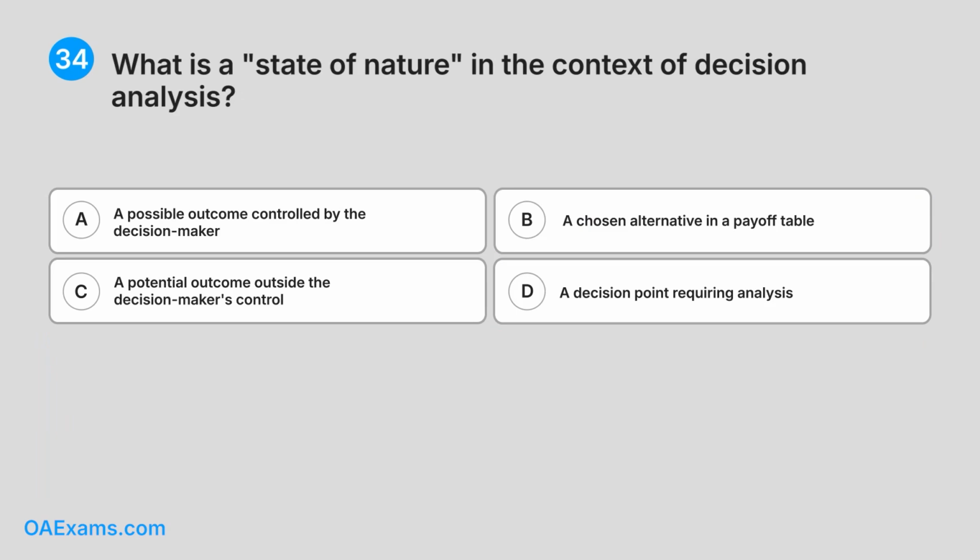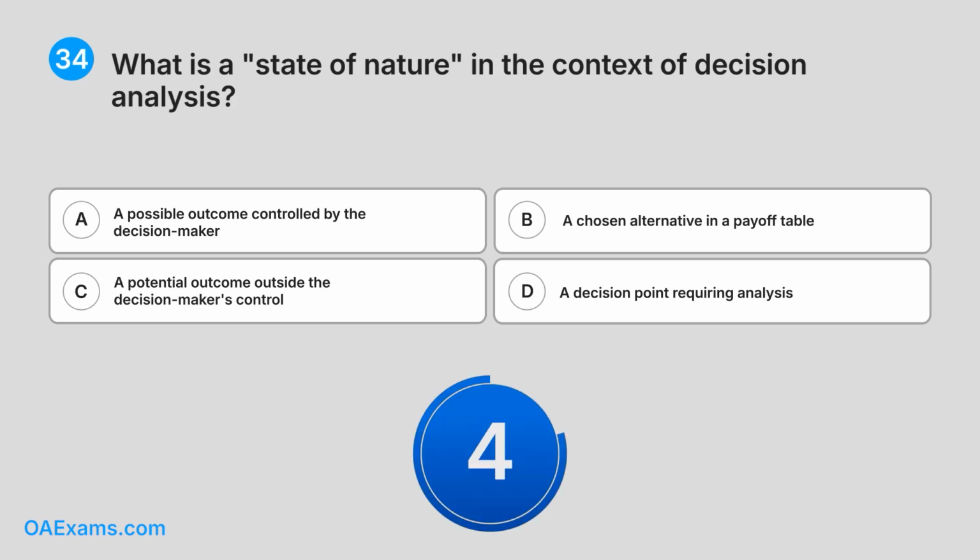34. What is a state of nature in the context of decision analysis? A. A possible outcome controlled by the decision maker. B. A chosen alternative in a payoff table. C. A potential outcome outside the decision maker's control. D. A decision point requiring analysis.